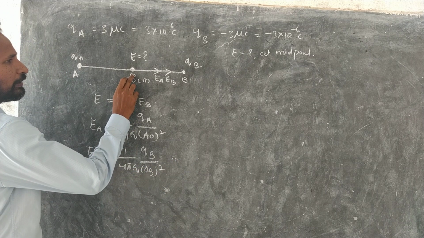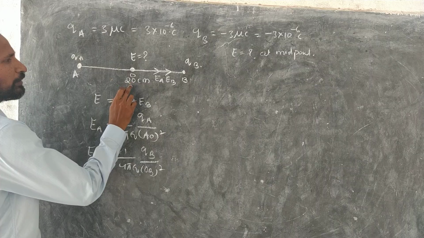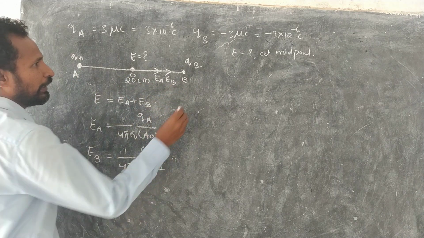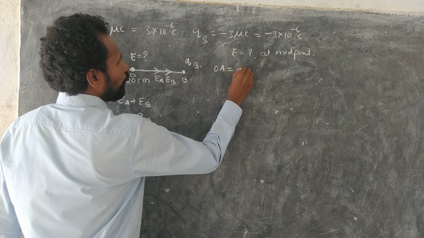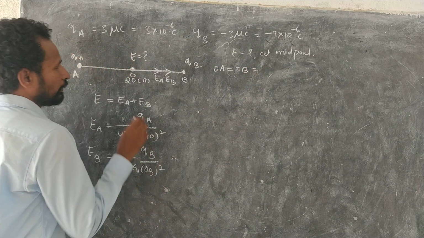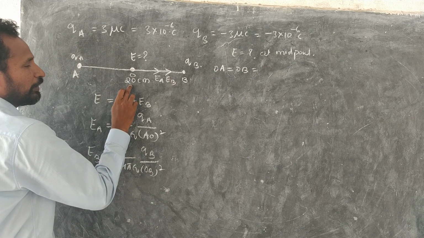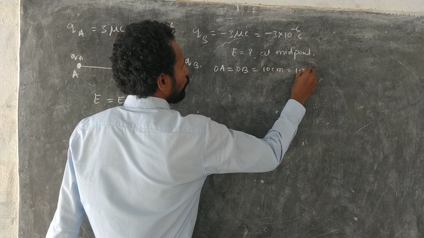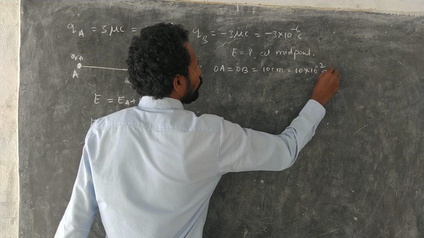So O is the midpoint, which means AO and OB are equally divided. Then OA and OB are the same. The total length is 20 centimeter, so half of 20 means 10 centimeter, which is 10 into 10 power minus 2 meter.